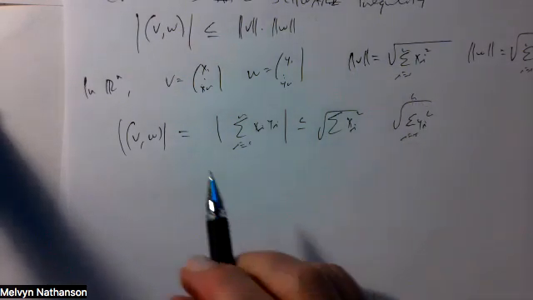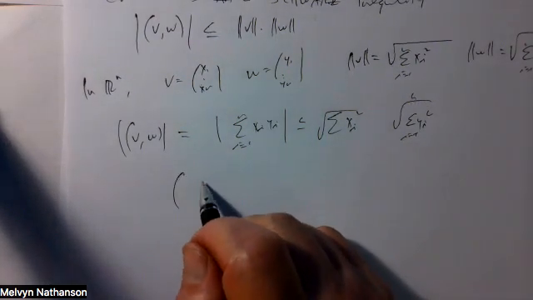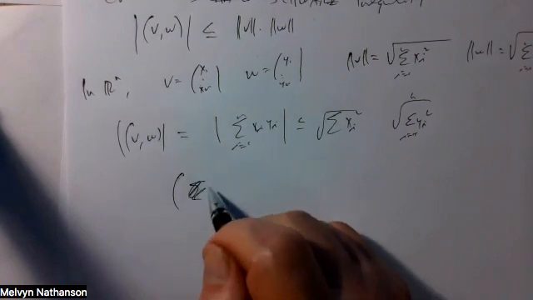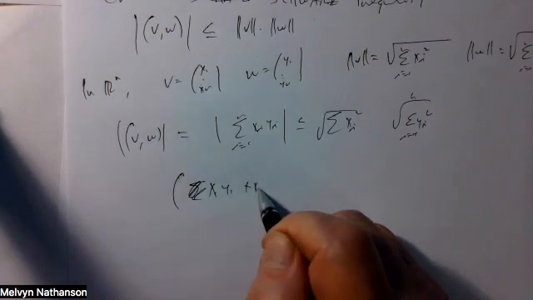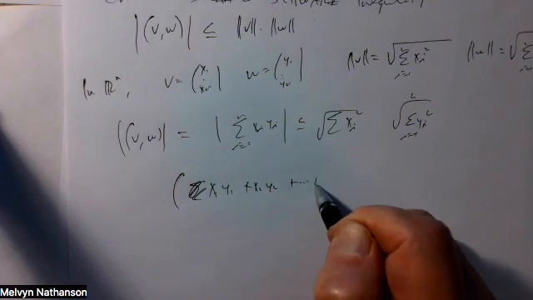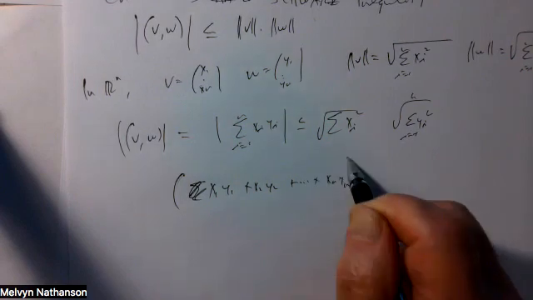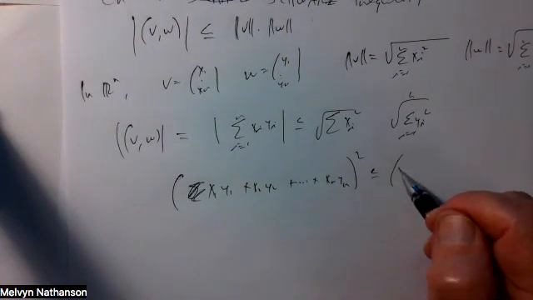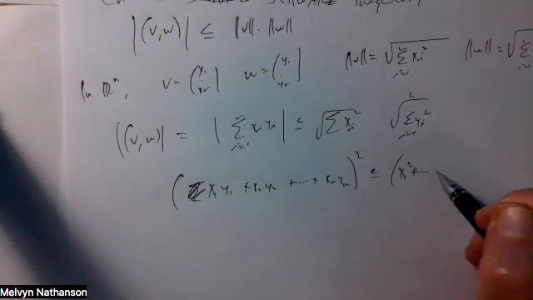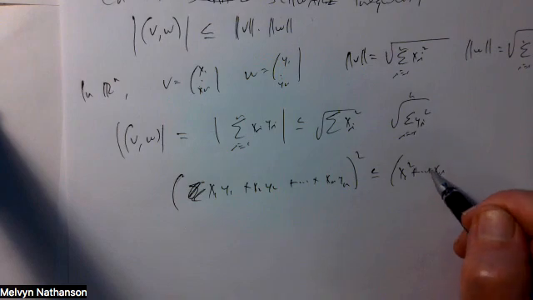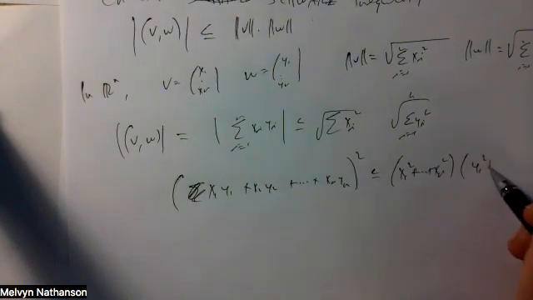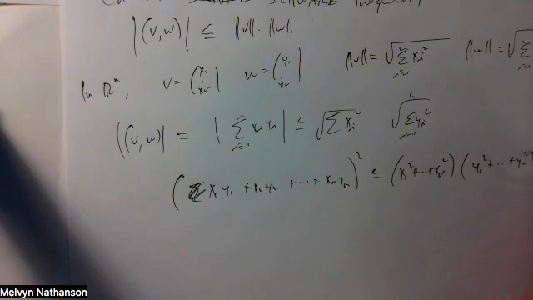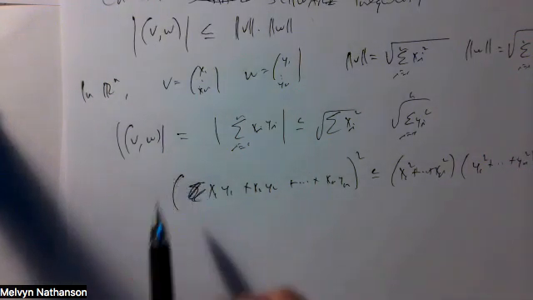Or if you square this, you get another form, which is the sum x1 y1 plus x2 y2 up to xn yn, squared, is less than or equal to the sum of the squares of the x coordinates times the sum of the squares of the y coordinates.